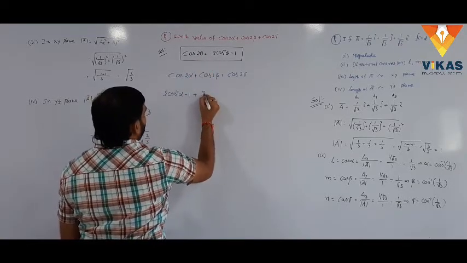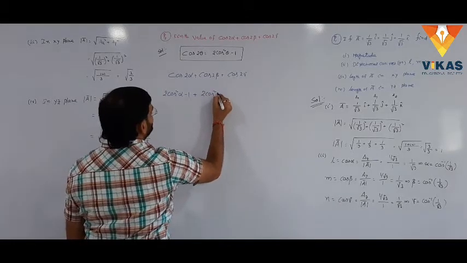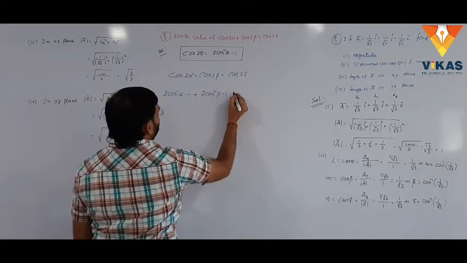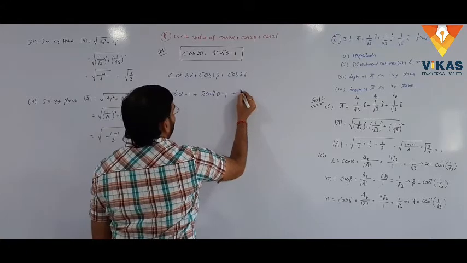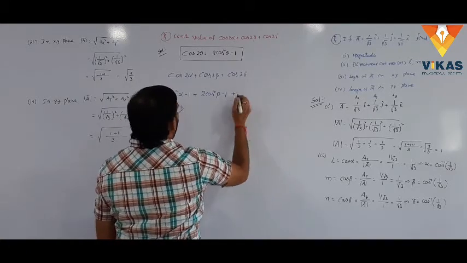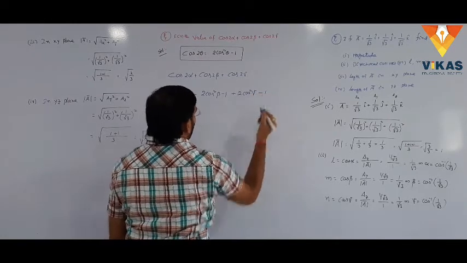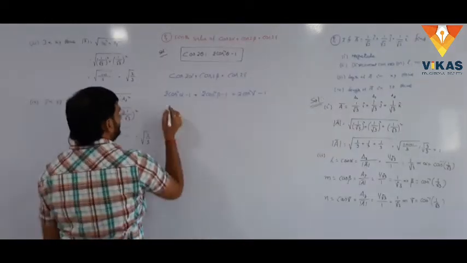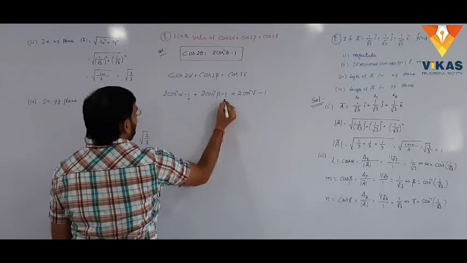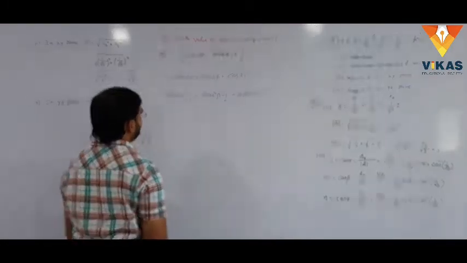Cos 2 beta, that is 2 cos square beta minus 1. Here 2 cos square gamma minus 1. Minus 1, minus 1, minus 1, minus 3.